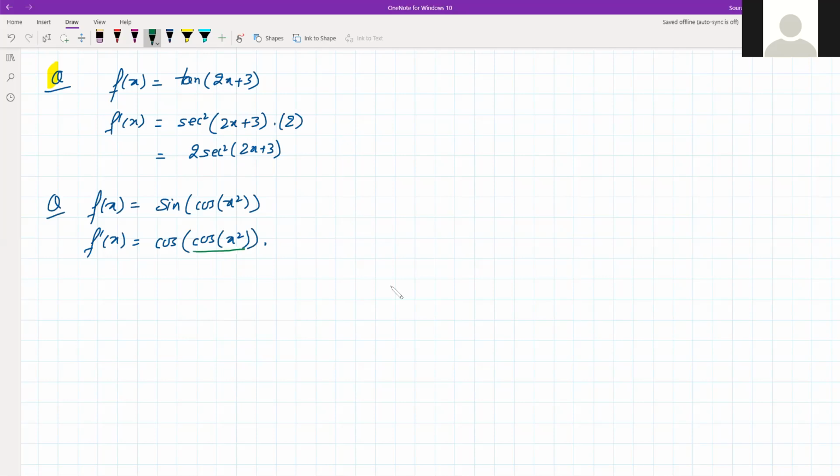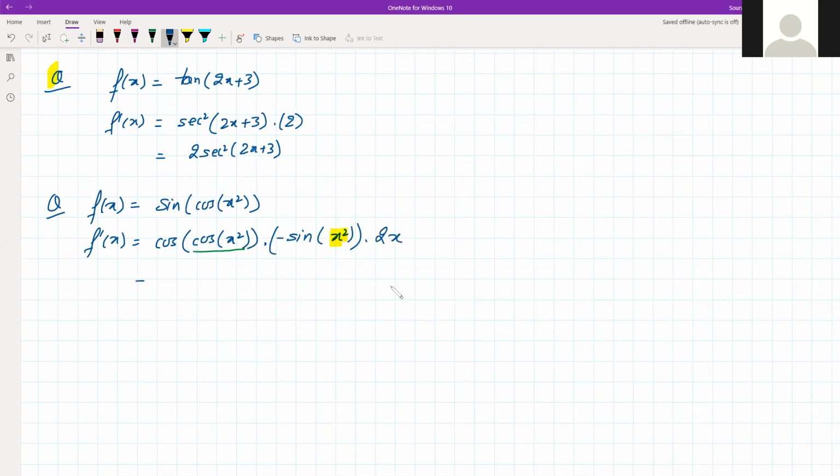Now what is there inside? Cos. So differentiation of that will be minus sine. So we'll write minus sine of x square. Now next, it is not minus sine of x still. So there is a function here which is still left to be differentiated, and that is actually x square. So its differentiation will be 2x.